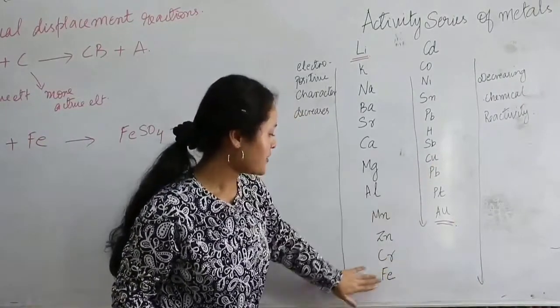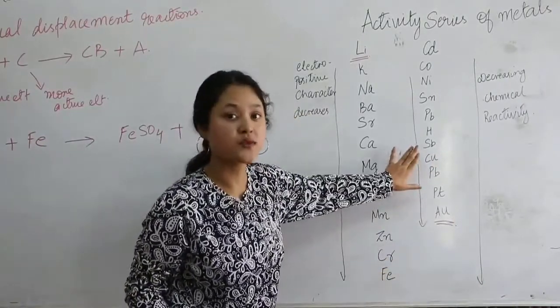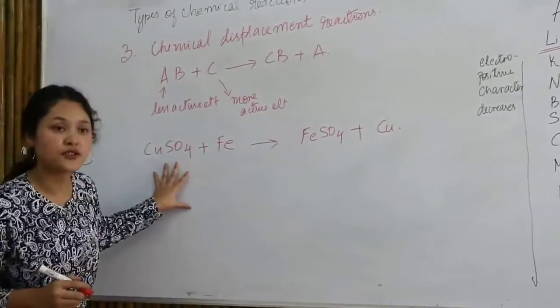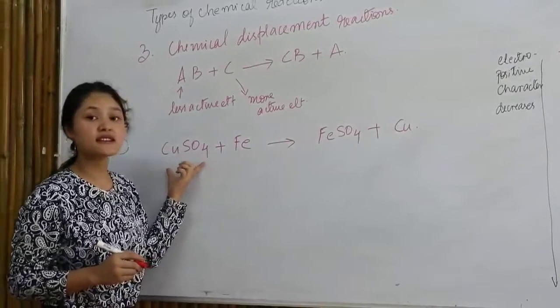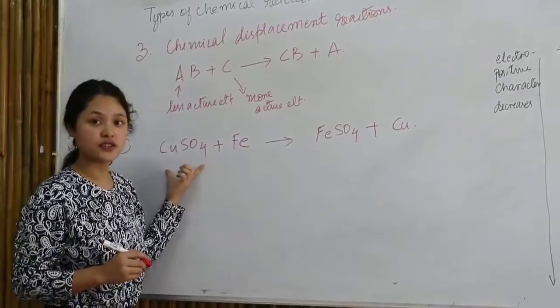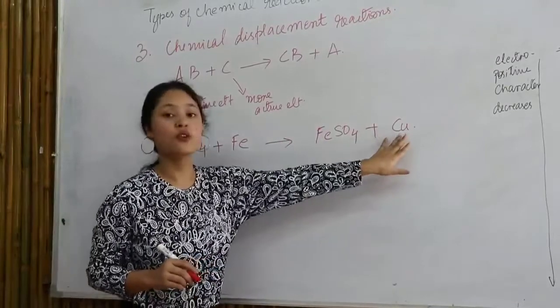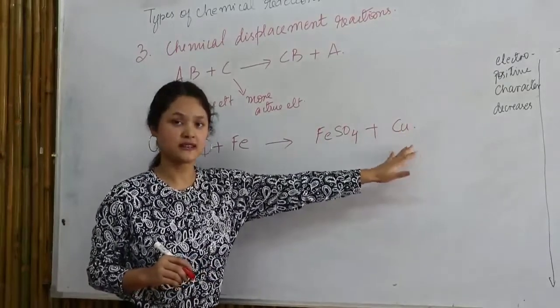Therefore, iron is more active, or more reactive, than copper. Therefore, in this solution, iron will displace copper from its solution. Okay, therefore we get iron sulfate and copper is displaced.